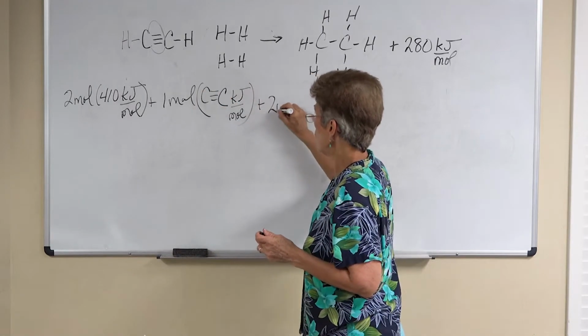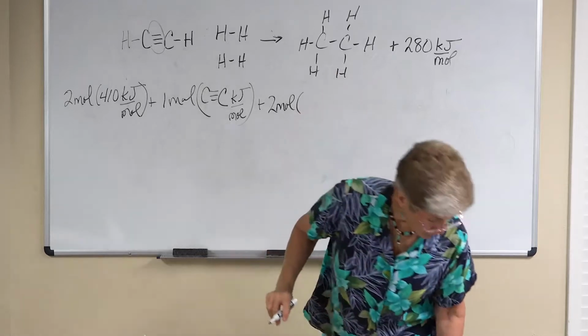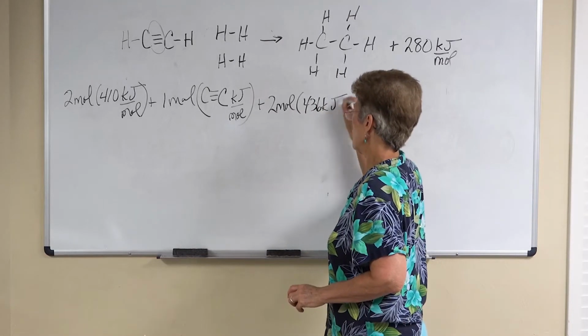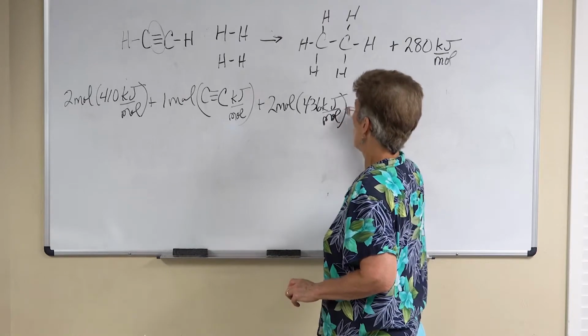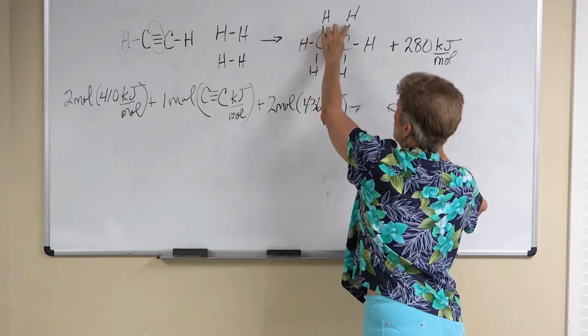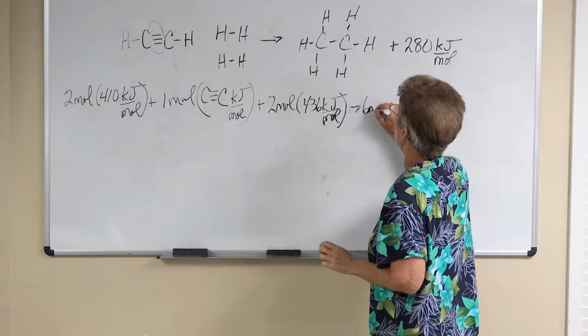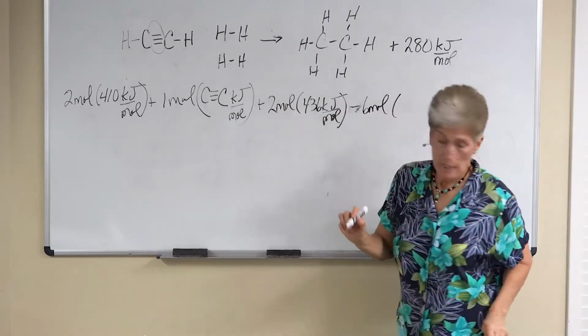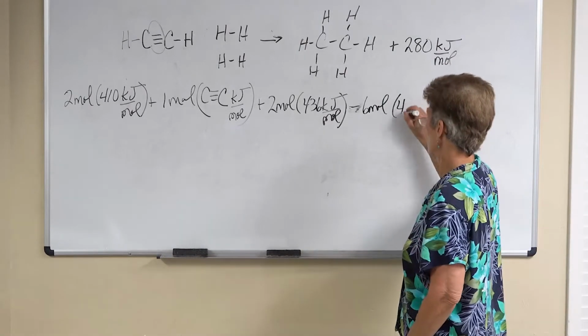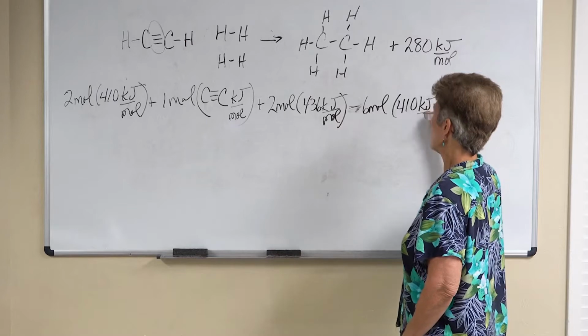Plus we have 2 moles of the H to H, which is 436 kilojoules per mole, minus we have 1, 2, 3, 4, 5, 6 moles of the H to C, which is 410 kilojoules per mole.